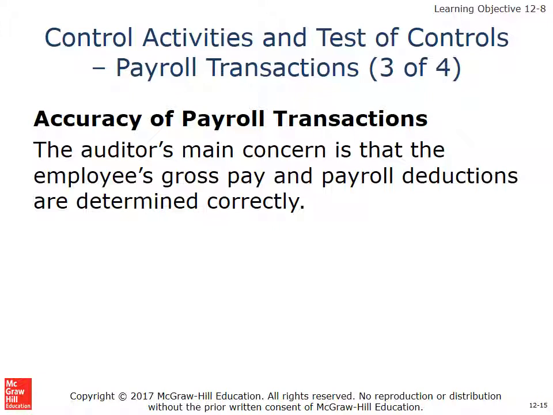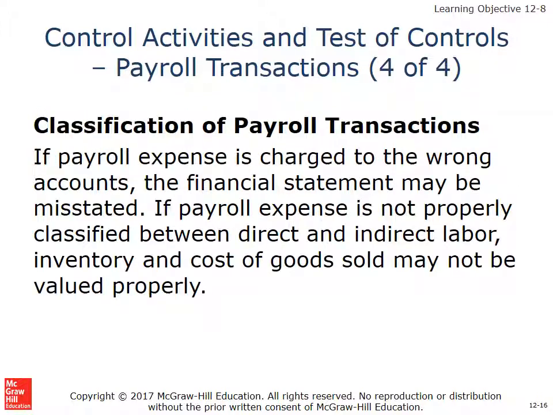Accuracy. The auditor's main concern is that the employee's gross pay and payroll deductions are being determined correctly. So we would review and test the entity's verification procedures. If these are IT prepared checks, we want to make sure that they're being prepared correctly. Classifications.